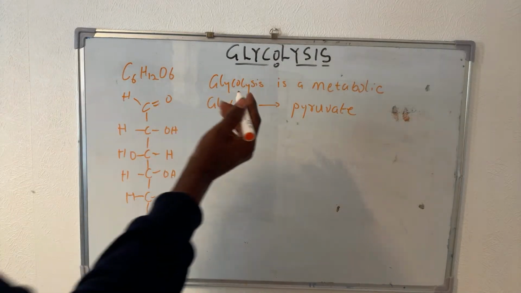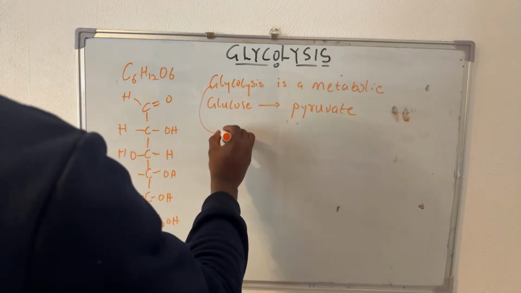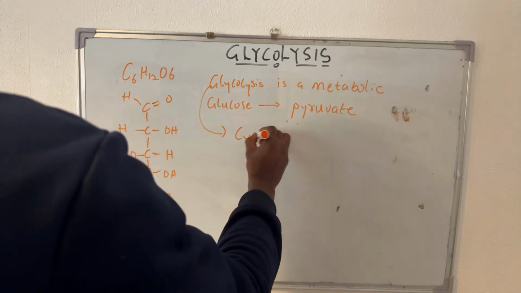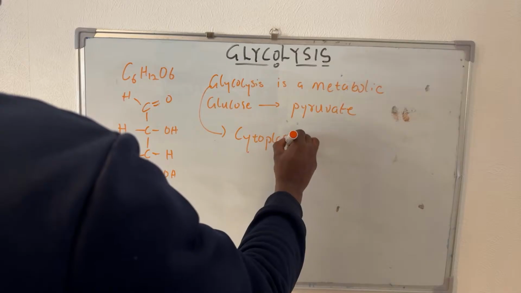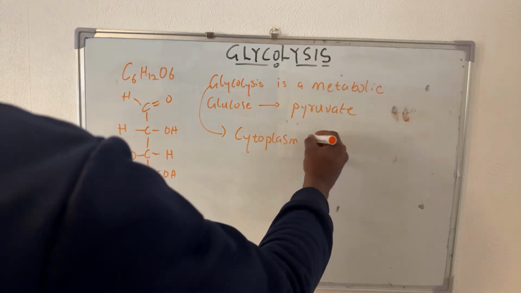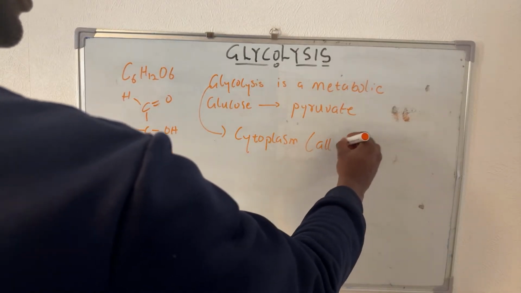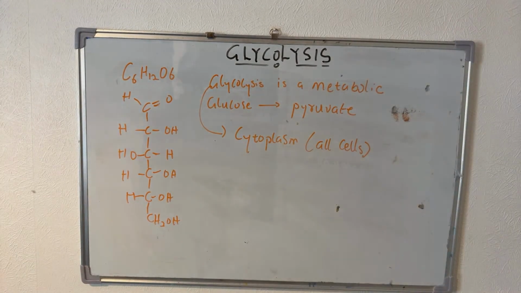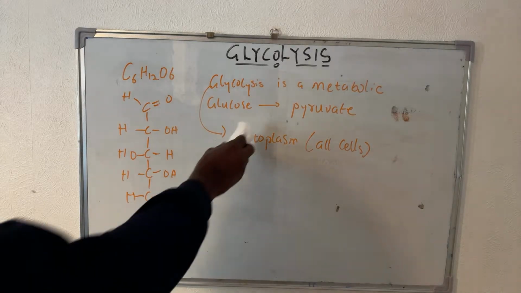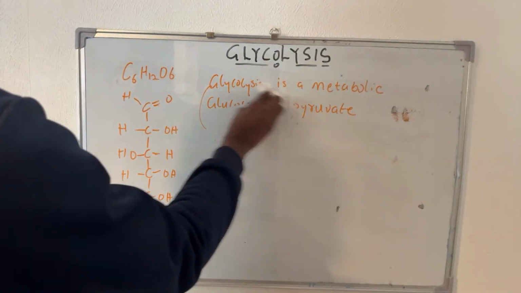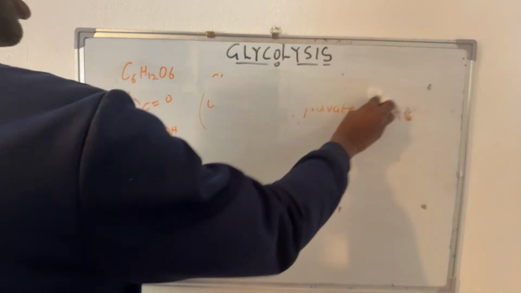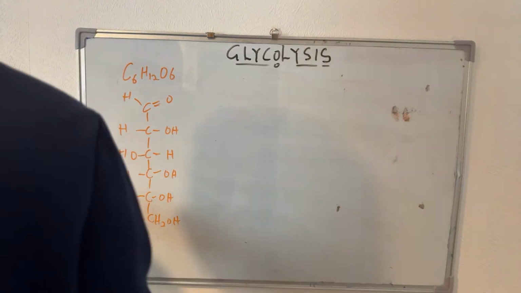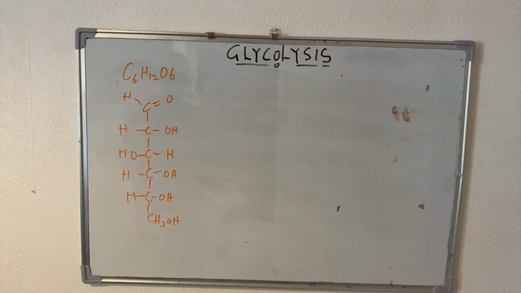Now, this process, glycolysis, takes place in the cytoplasm of all cells. That's where we have the enzymes of glycolysis. Glycolysis is divided into two important steps.